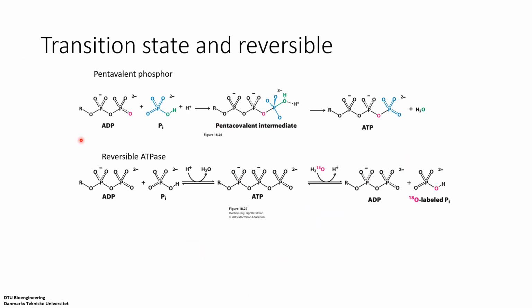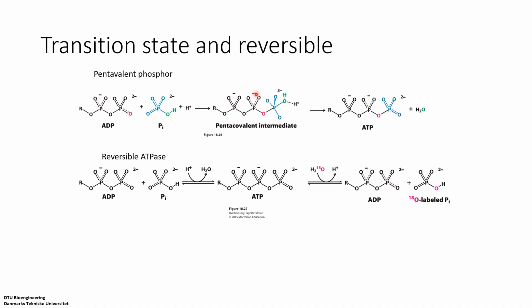So in the ATPase, we have this reaction. We have ADP as a substrate, we have free phosphate, and they need to come close together to form this pentacovalent intermediate, as we see here. So here we have the pentacovalent phosphate group. That is quite unstable. So unless they are kept close together and water is not present, they will just be hydrolyzed again and we'll go back to the ADP and phosphate.